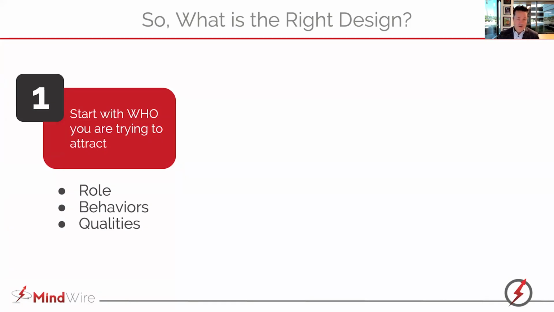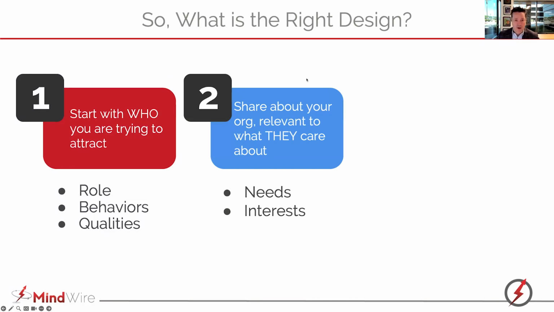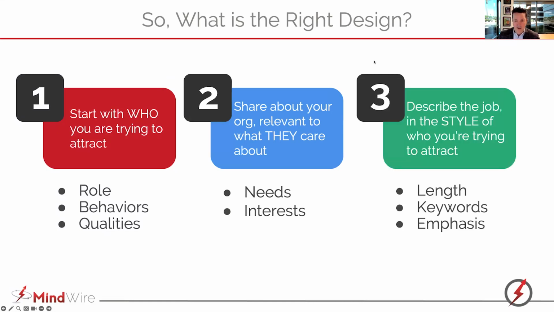So let's be realistic about that and lean into it, because then they go, ooh, that sounds like me. That's interesting. I can't believe how much that sounds like me. Then they're really ready to hear more about the organization and match that up with their needs and their interests, now that they're a little bit hooked. And then you can get to other things, right?